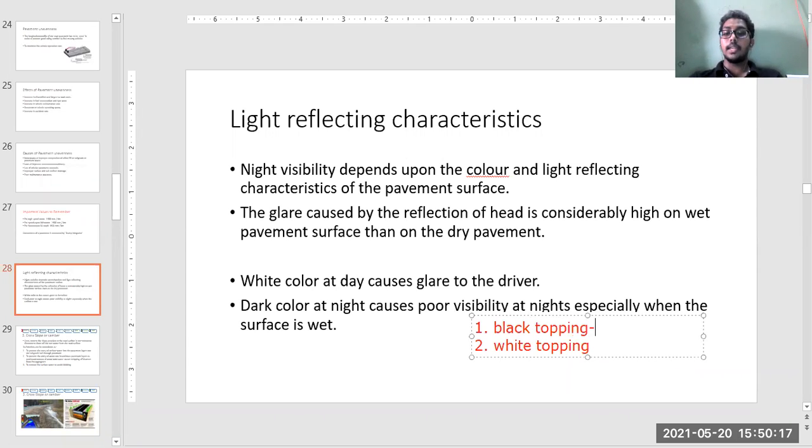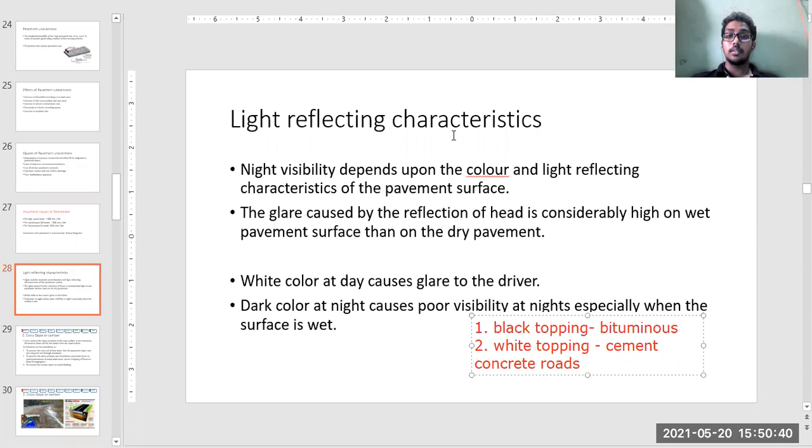The black topping means bituminous roads. Similarly, white topping is cement concrete roads. So this IRC says that during the morning times, white toppings are risky.